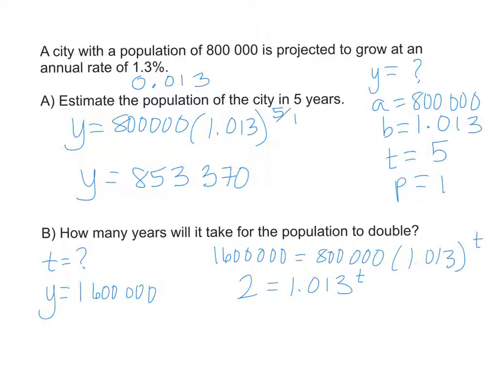And then either take logs of both sides like we did in the last one, or could we just switch this one into exponential form? It would be log base 1.013 of 2 is equal to t. Or you could take logs of both sides and you'd get, once you isolate the t, log 2 divided by log 1.013.